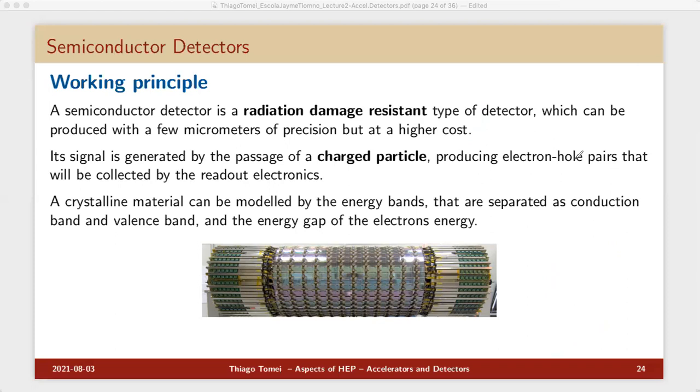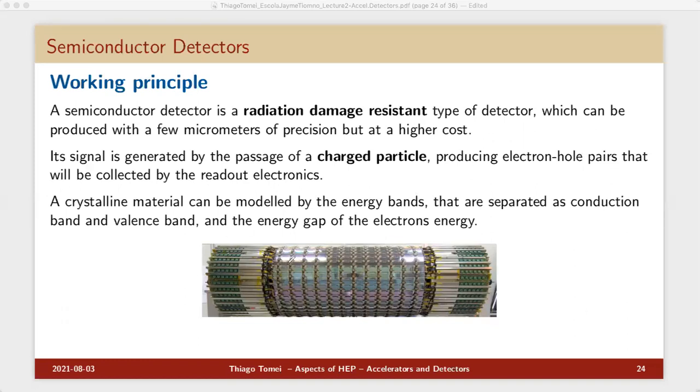And this is good because this exists. We have silicon detectors. And even better is that since there is this whole industry of semiconductor machining, obviously for microchips, we can produce semiconductor detectors with even a few microns of precision. But of course, this has a price, and in this case, it's a literal price because silicon wafers are expensive.